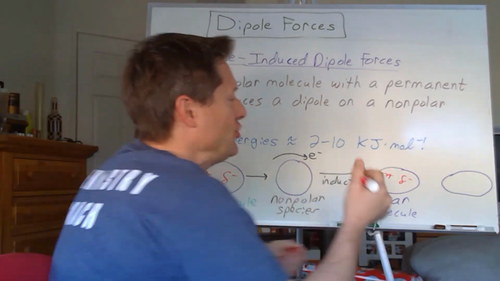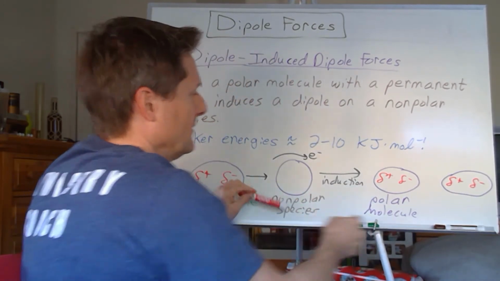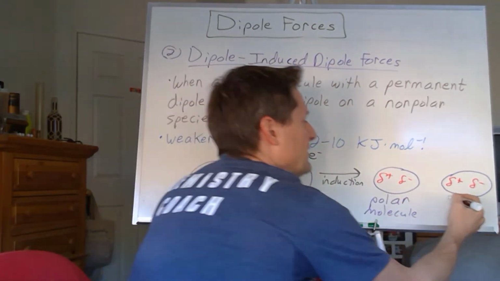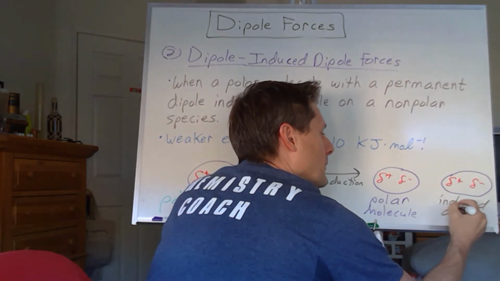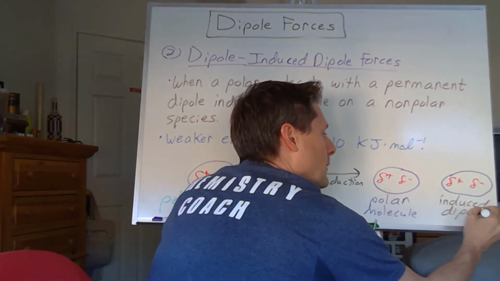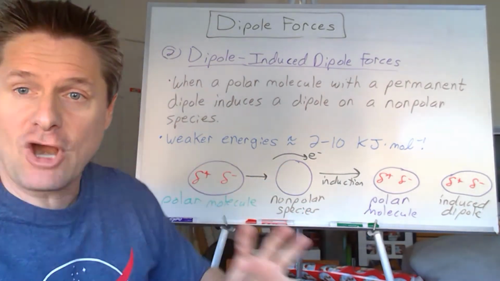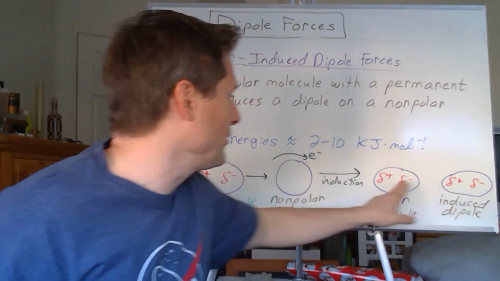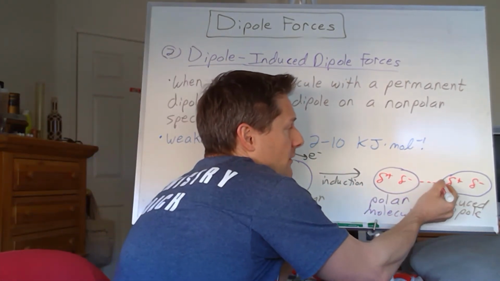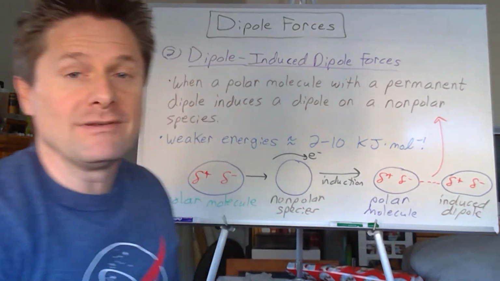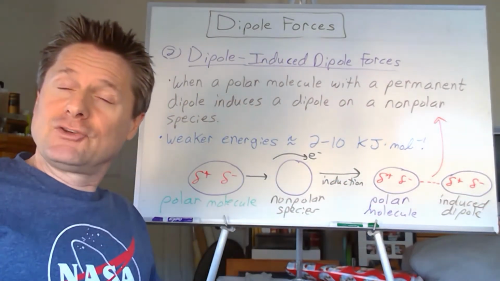And that induces a dipole. So we'll put an induced dipole here. So that nonpolar symmetric species, the symmetric charge distribution becomes asymmetric, and then now you can see you get this attractive force. And that's your dipole, induced dipole attraction.